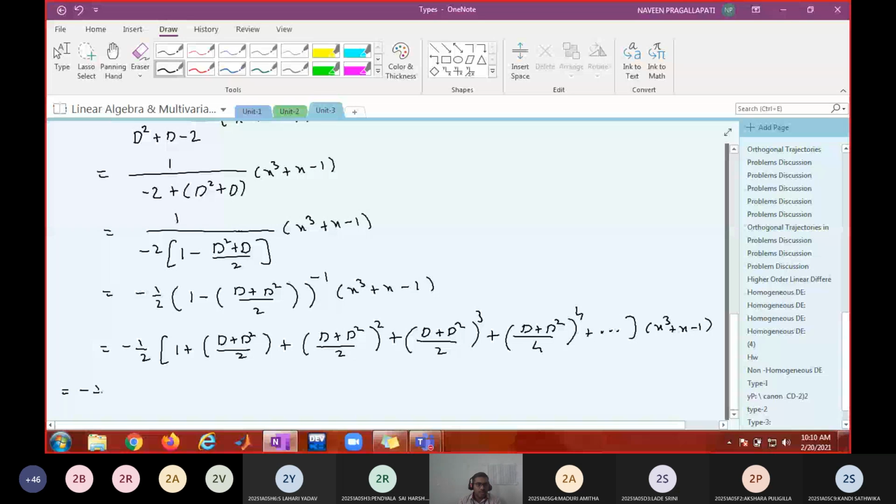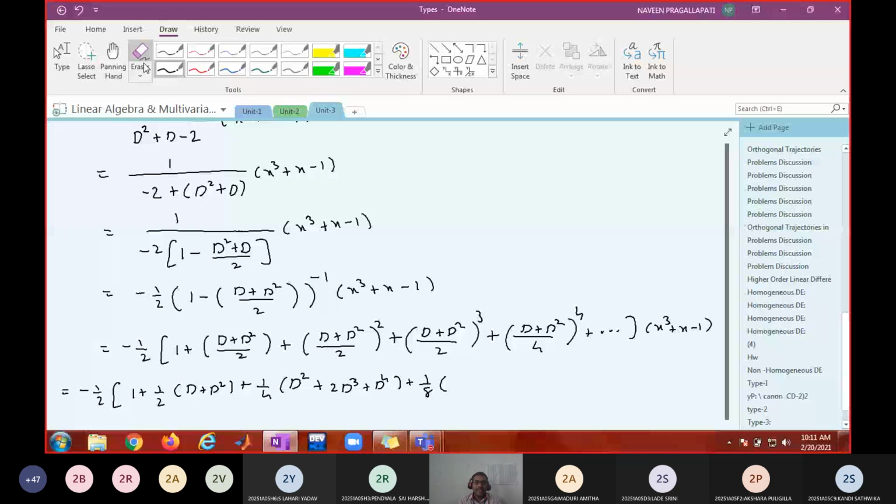So this is minus 1 by 2, 1 plus 1 by 2 into d plus d square, plus 1 by 4 into, what is this? t square: d square plus 2d cube plus d power 4, plus 1 by 8 into which one you want me to collect?